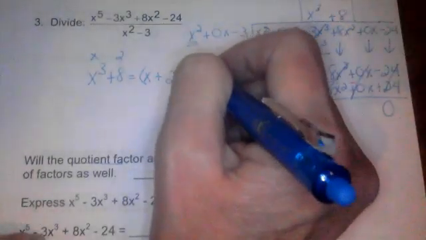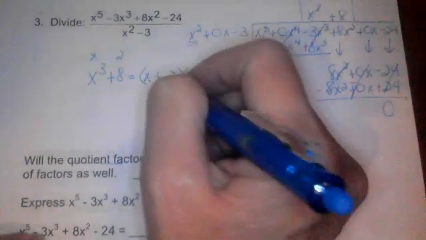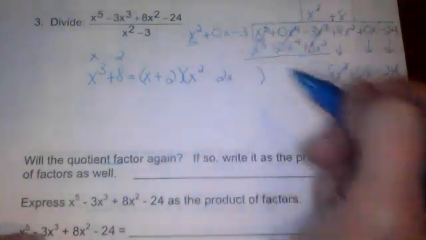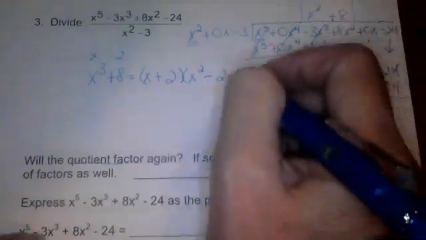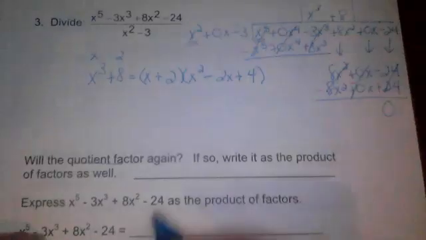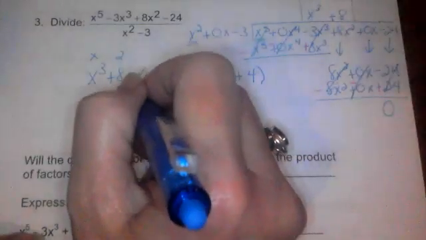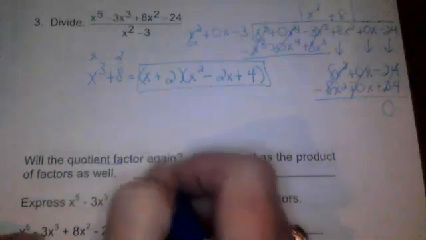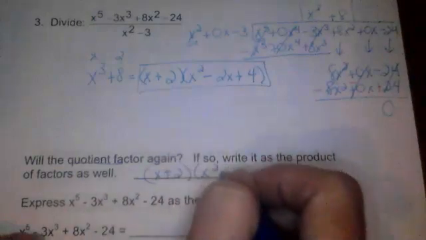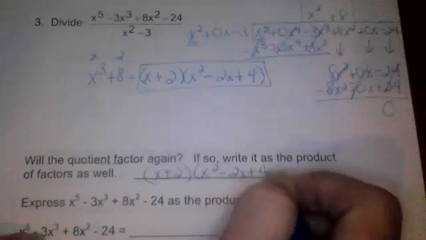We square the x. We multiply these together. And in between it's plus minus. And then we've got plus, and we square the last one, 4. So yes, it does factor again. It would be x plus 2 times x squared minus 2x plus 4.